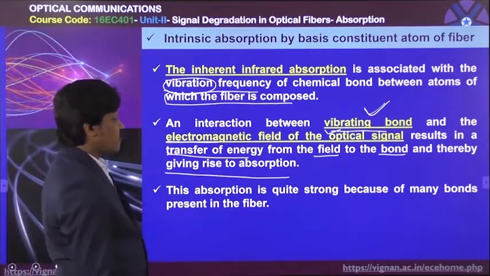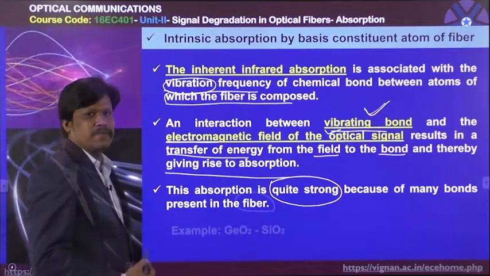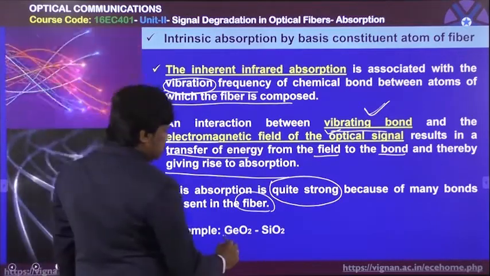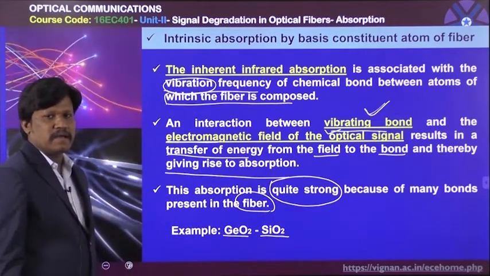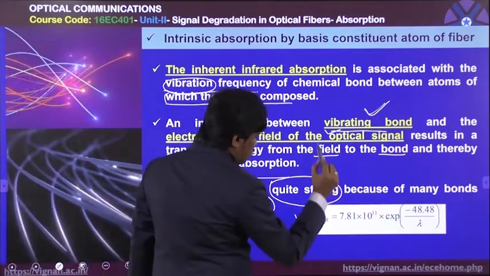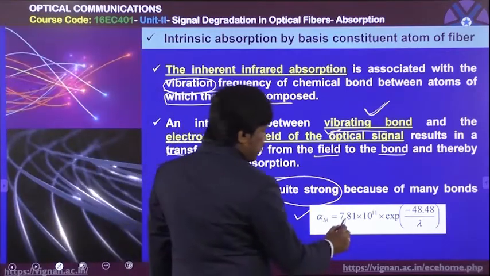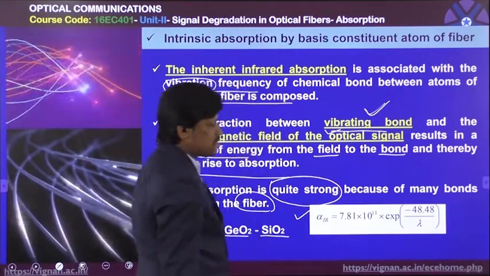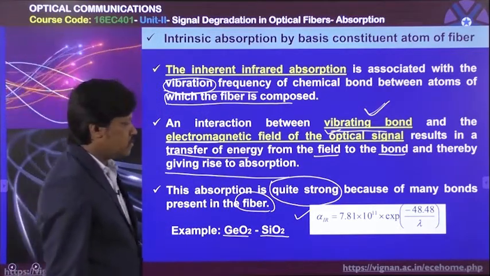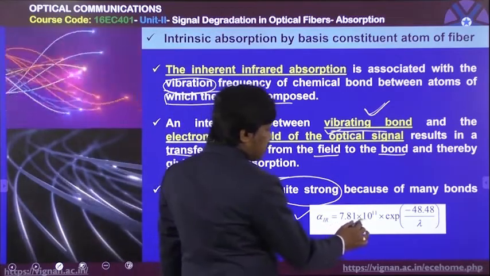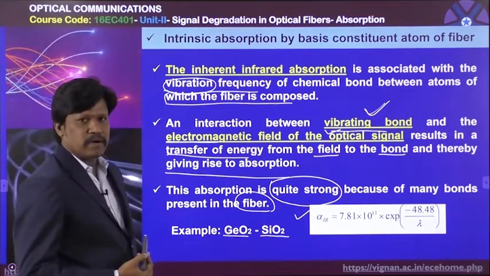This absorption is quite strong because many bonds are present in the optical fiber, examples being GeO2 and SiO2. The representation for attenuation in the infrared region is alpha IR = 7.81 x 10^11 x exp(-48.48/lambda).